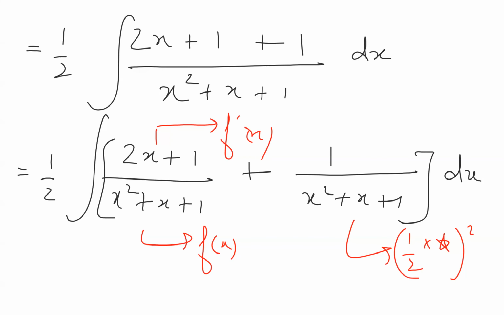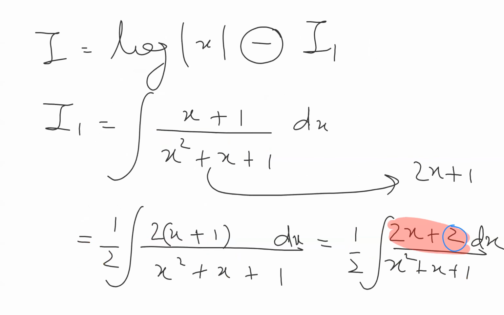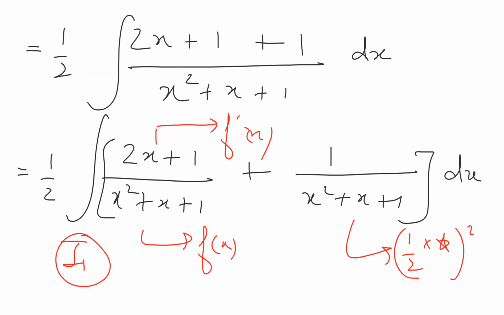That is how we have to solve I1. Once you get the value of I1, put back in I. Now what is I? I is this. You can put the value of I1 in I. So this will be a bit lengthy procedure, but then you have to keep yourself on track.